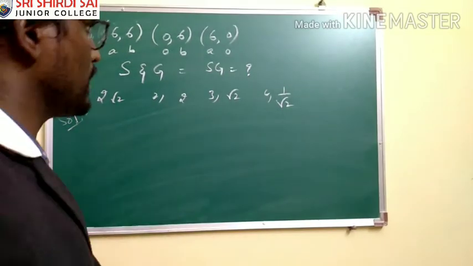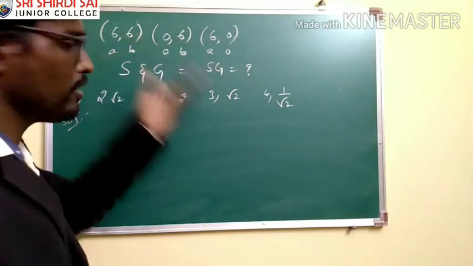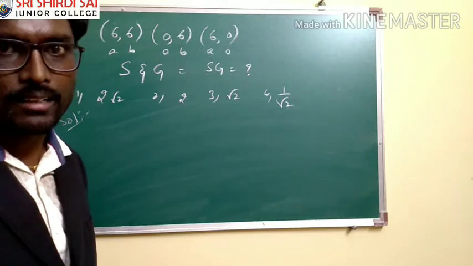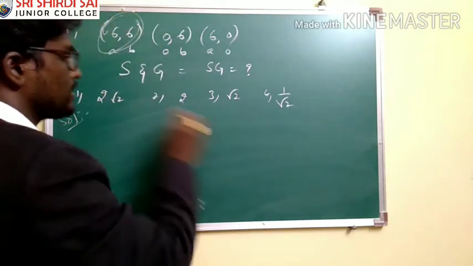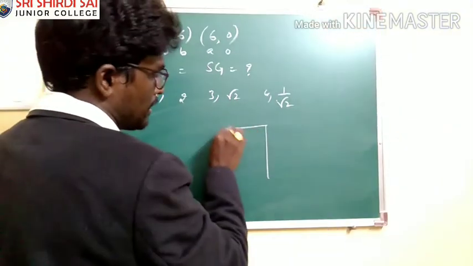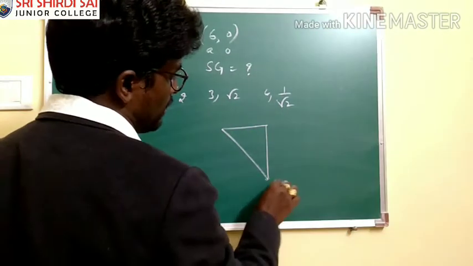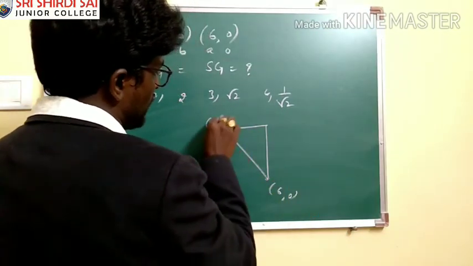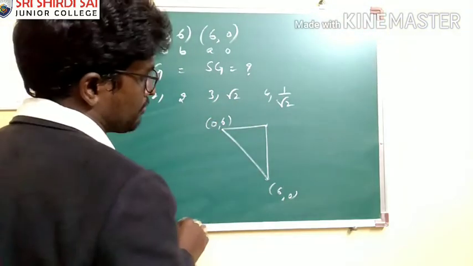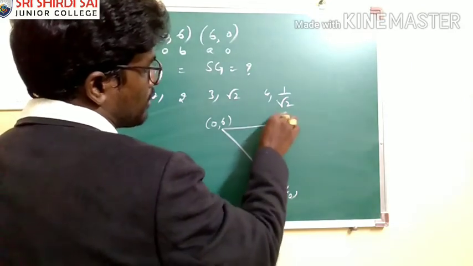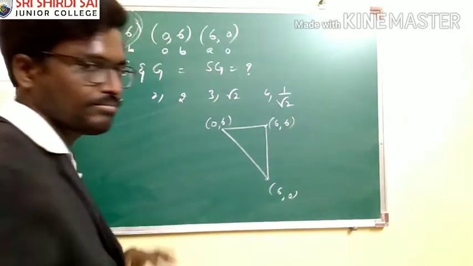The coordinates of the type A0, 0B and AB will frame the right angle triangle, which is right angle at what point? Right angle at 6, 6, means you will be getting this type of triangle. Let's say this is 6, 0 and this is 0, 6 and this point is going to be 6, 6.